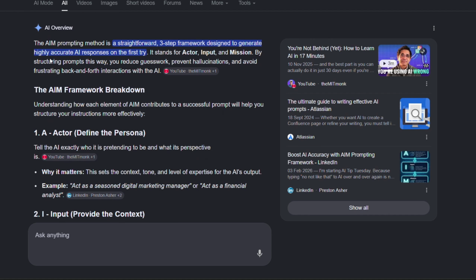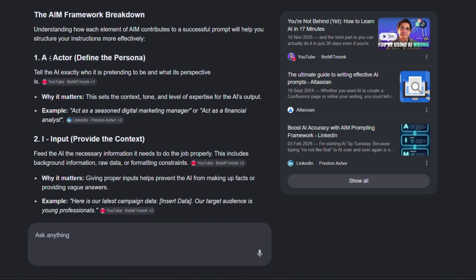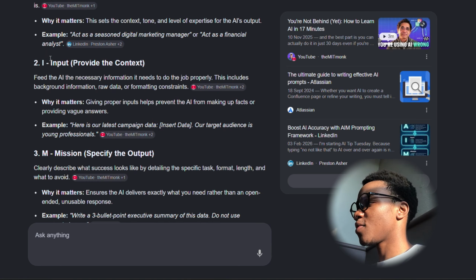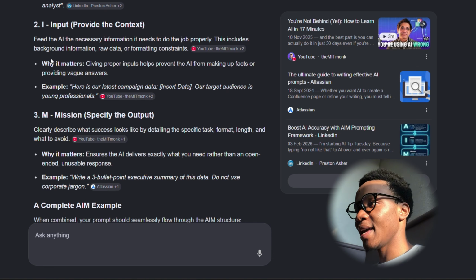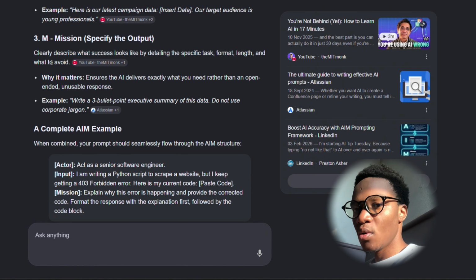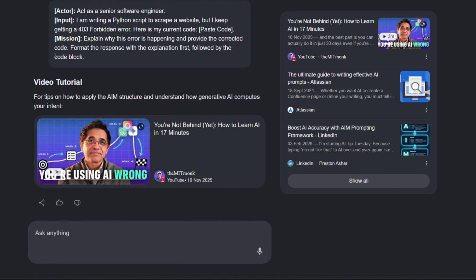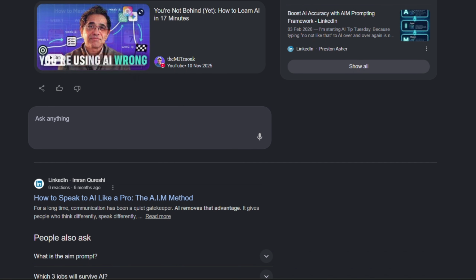This is a structural framework designed to generate high quality AI outputs by defining the actor or the audience, the input, and the mission. With the actor, you're telling the AI what it has to do for you. You can literally tell the AI, you are my maths teacher.